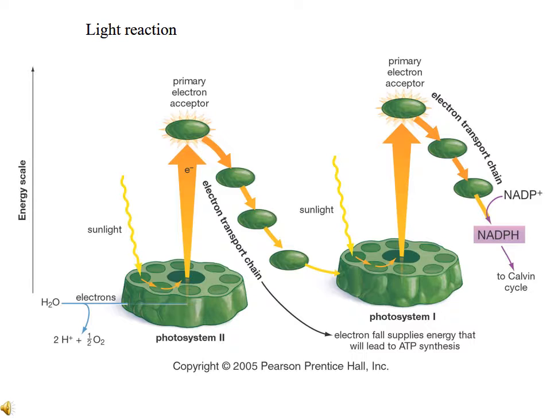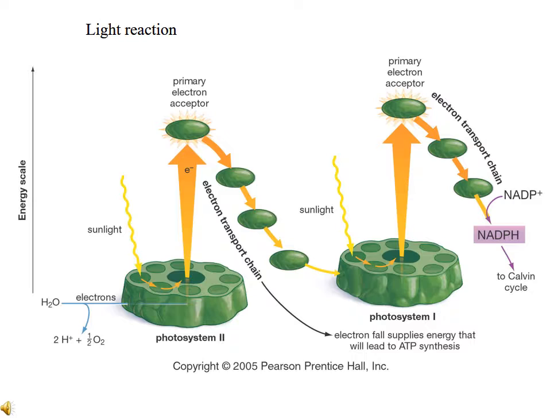When electrons bounce down the electron transport chain, the energy is released, and guess what's going to happen? ATP, as you can see towards the bottom, is going to be produced. So a significant amount of ATP is produced through this bouncing and shuffling of electrons.